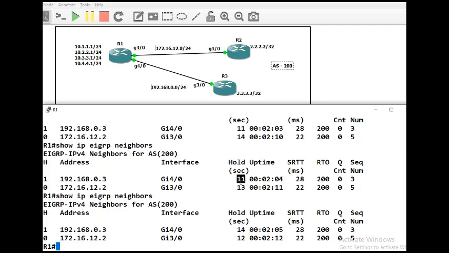After 11, it has gone to 14. What does that mean? It means that hello packets are coming on time. Every 5 seconds, hello packets will come. So it's a countdown timer. If you notice here, for every second the hello packets are getting incremented, the timer is getting decremented.